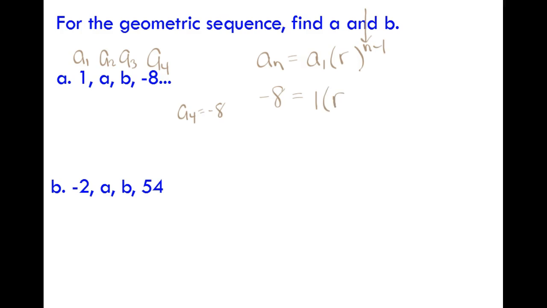So here r is missing, and I'm left with 4 minus 1. So we get -8 equals, now 1 times anything is just itself, so I just do r to the 3rd power. And I have to think to myself, what can I cube? What can I multiply by itself 3 times to get to -8?